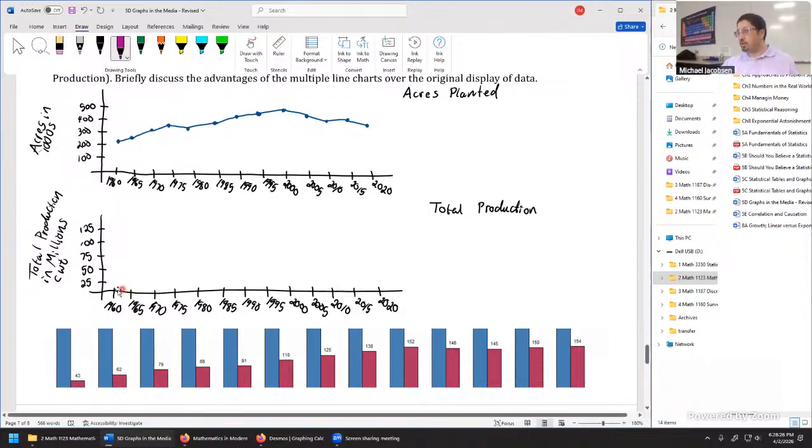So production started off pretty low in 1960, about this height, shy of 50, jumped to 62 right after, then 79, 88 in 1975, then 91 in 1990, and finally we're way out here, we're up to 110, then 125.